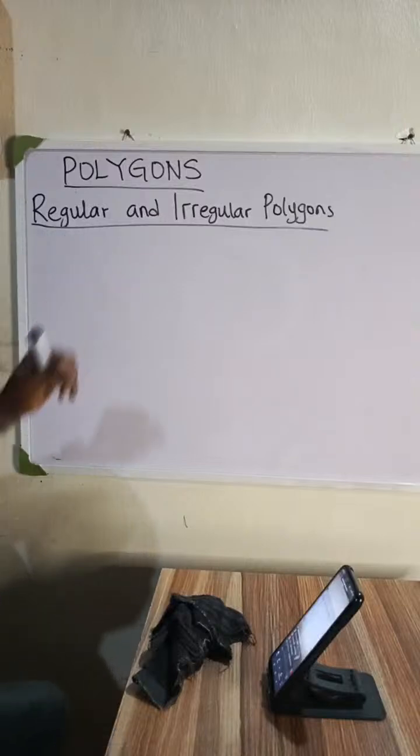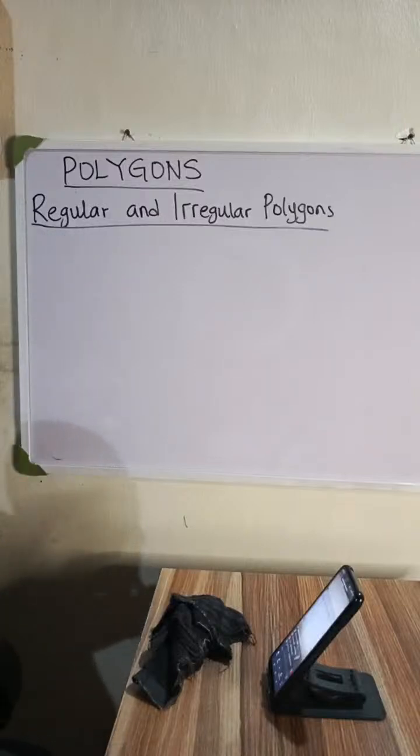So regular and irregular polygon. Now polygons can be classified as either regular polygons or irregular polygons.